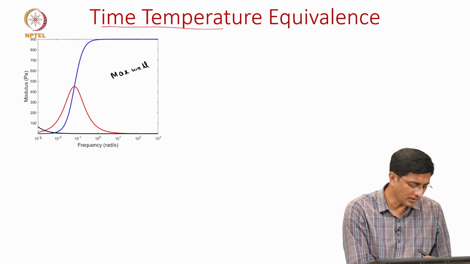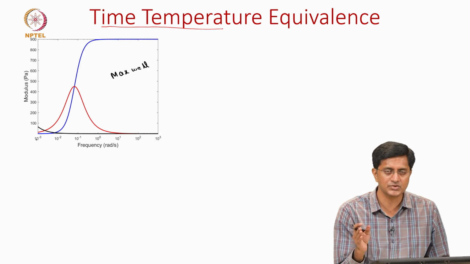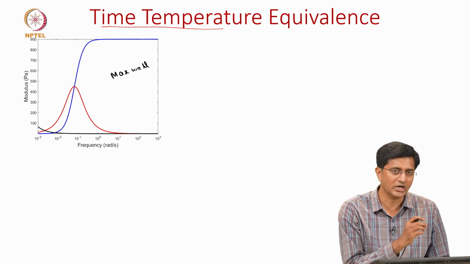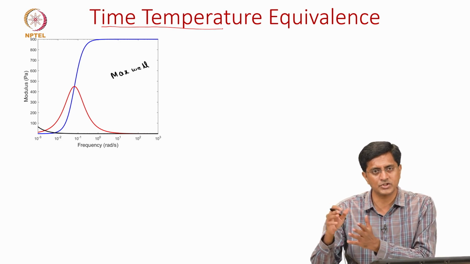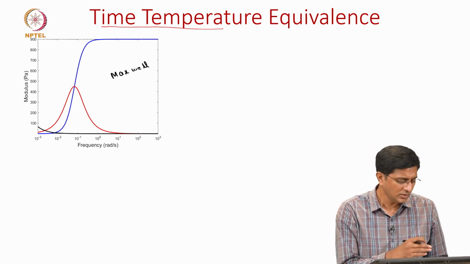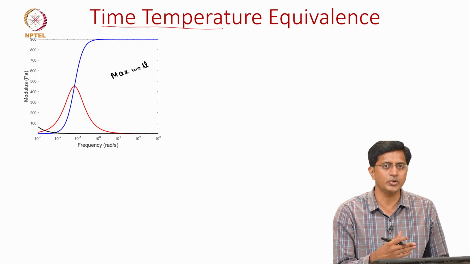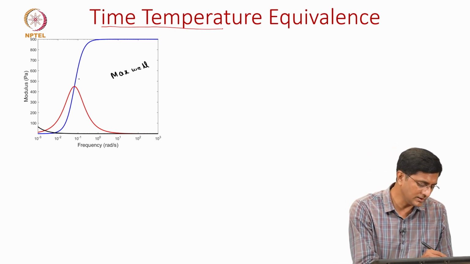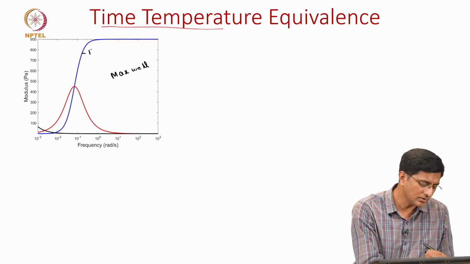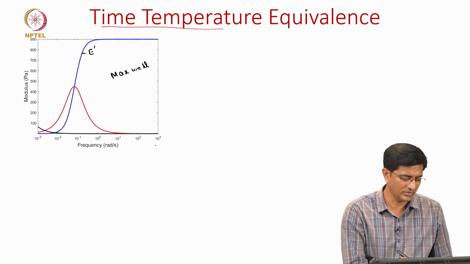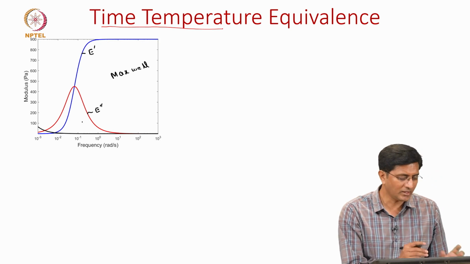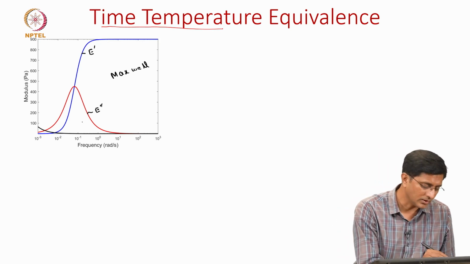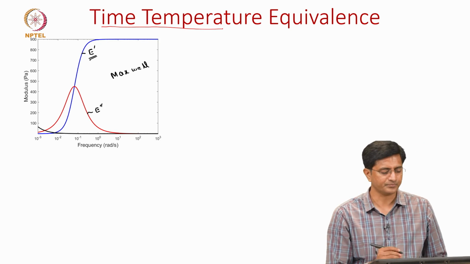We are looking at a frequency sweep, meaning we start with low frequencies and increase to very high frequencies. We have shown through equations how the storage modulus varies with frequency. We have also shown it for loss modulus and tan delta, but let us focus on the storage modulus.